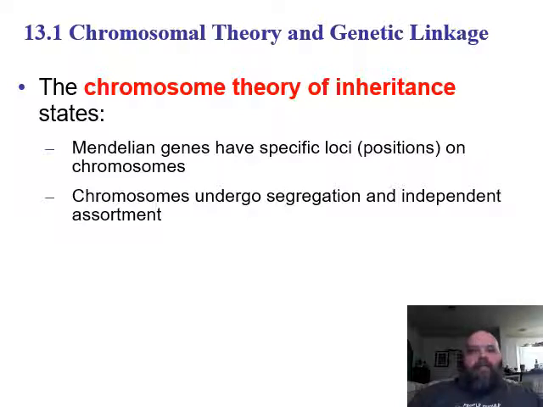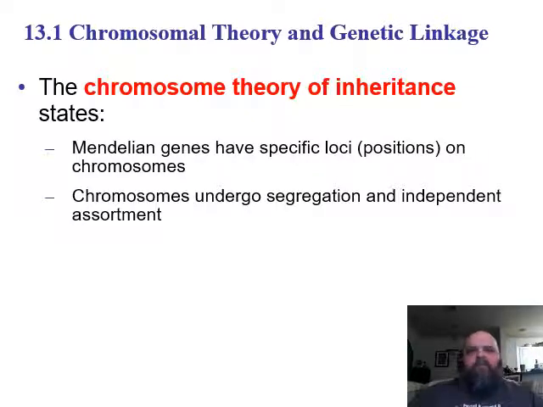Every gene has a specific address, okay? We call it loci. Why do we call it loci and not address, like my analogy? Well, because it's going to be a series of numbers, okay? It's not going to be an address.